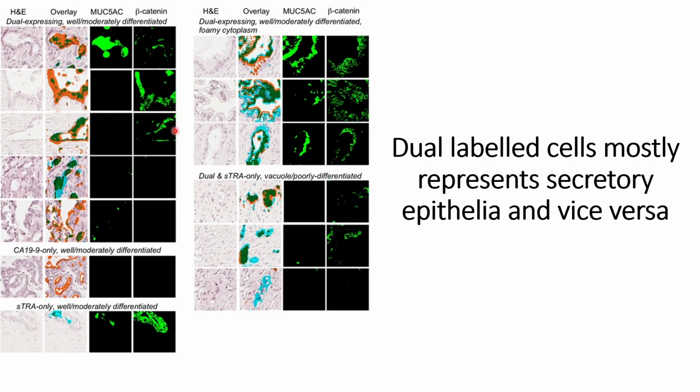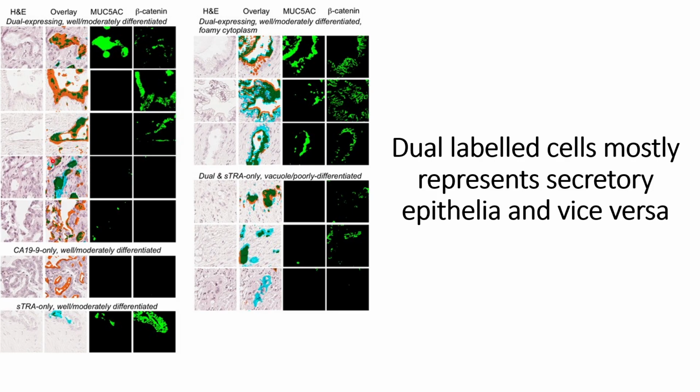Here also beta catenin is present but MUC5AC is not, indicating that MUC5AC is more predominantly present in the case where cells are well differentiated.